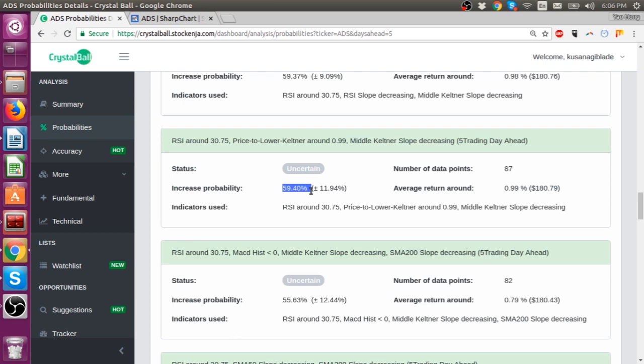The reason for this is probably because the RSI is not low enough. In this type of situation, I see the lower Keltner channel itself being a strong support, but when I combine things together, I'm not getting a better probability.